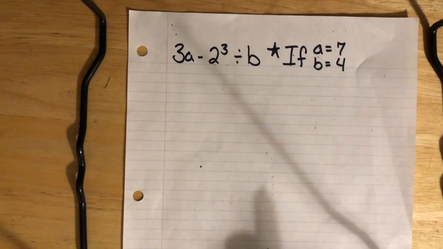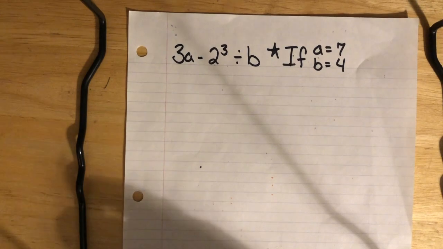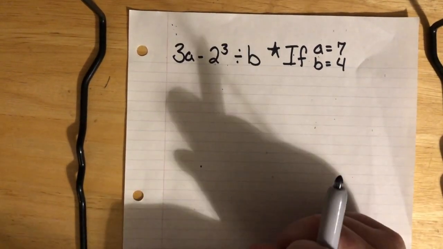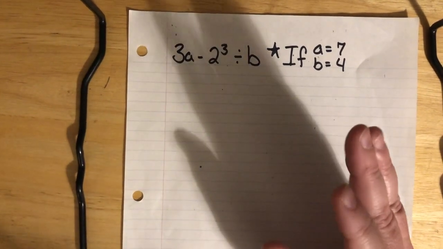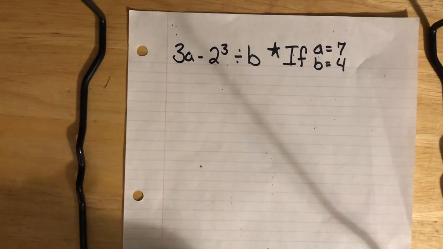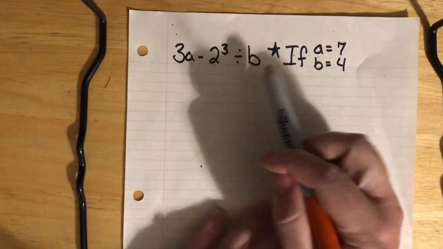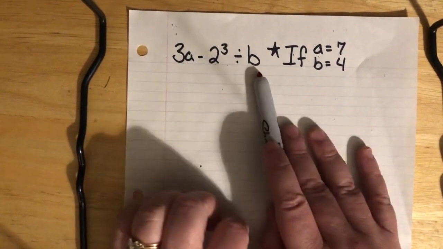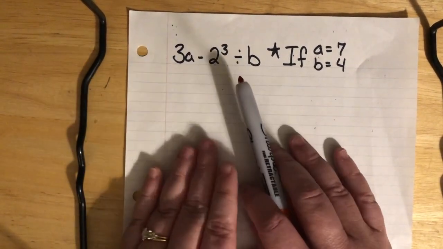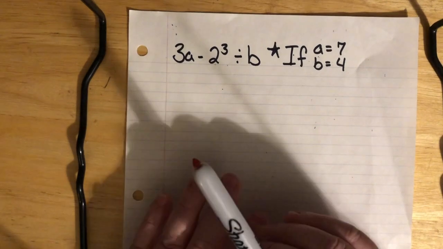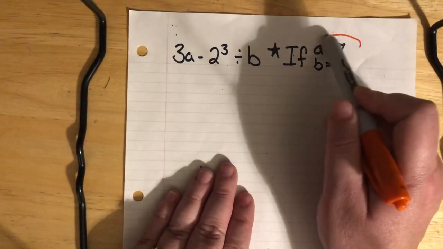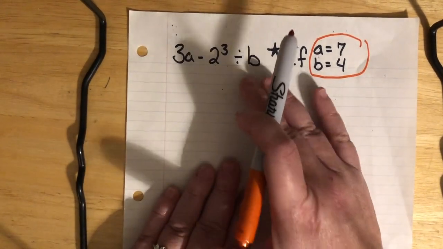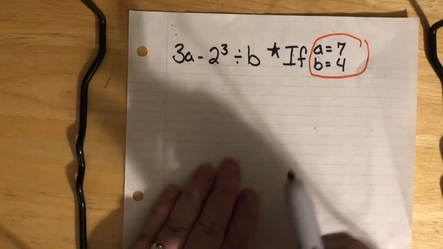Last problem I want to go over with you, because it's a tricky one, is this equation right here. Some of you were having questions with this one. This is an algebraic expression, and then you have two variables. Usually if you have two variables and you are not given what the value of a and b is, this would be the stoppage point of the problem.